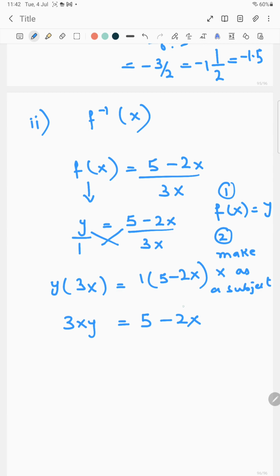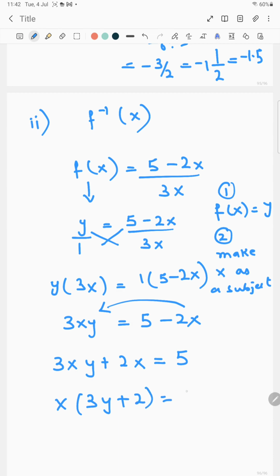Now I am just writing the x term on one side, 3xy, as it is minus 2x. When it goes to the other side, we have to write plus 2x is equal to 5, x common. So we will write x times 3y plus 2 is equal to 5. And as this bracket is multiplying with x, when it goes to the other side, we have to divide it.